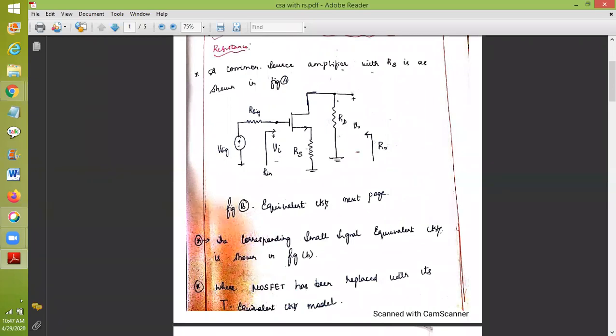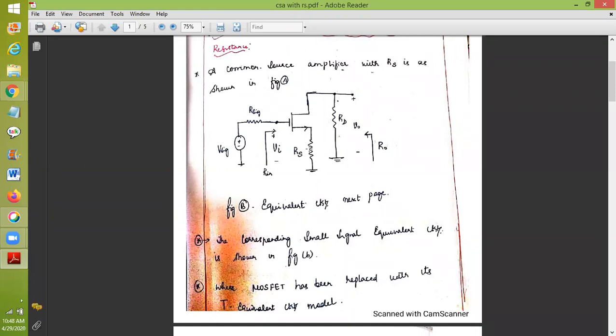If the resistance is attached to the source, which model do we go for? The T model. If the resistance is not attached to the source, you have to go for the pi model.